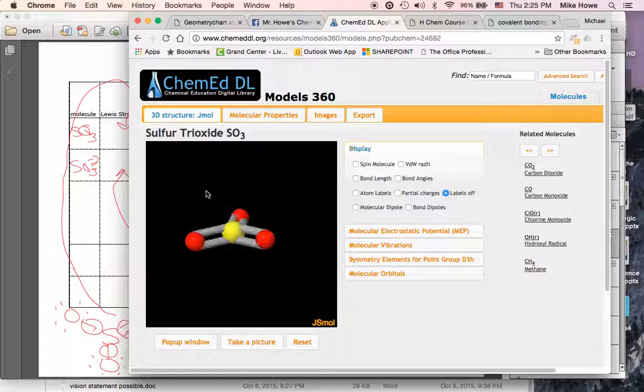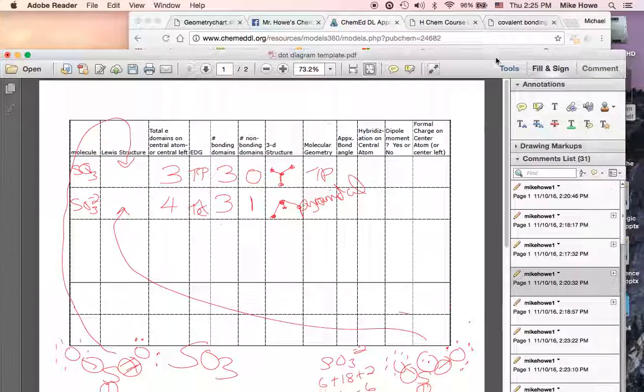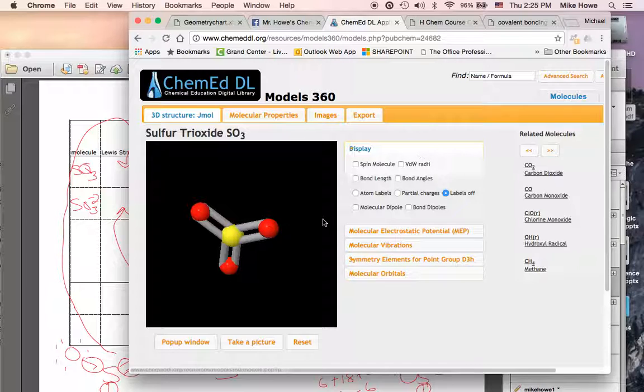It's flat, but instead of having 2 singles and a double like I drew it, the picture has 3 doubles, and we'll talk about why that is in a separate video and probably in the next class as well. So don't worry about that this weekend.